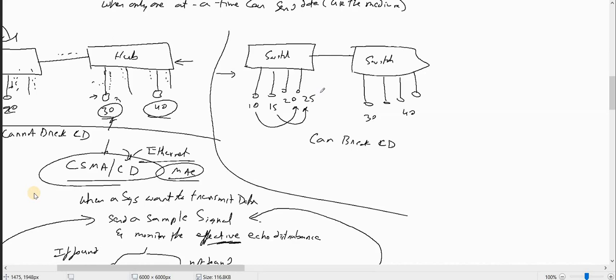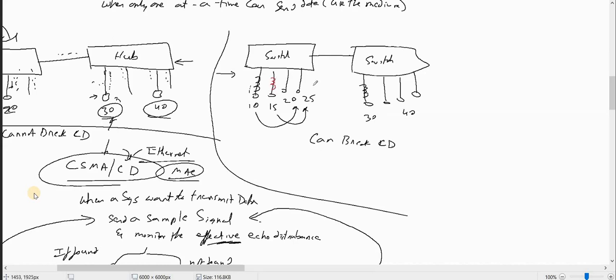I will give you 4 different scenarios and explain the reasons one by one. Okay. First, when 10 is transferring the data, at the very same time, can 30 send the data? Or maybe can 15 send the data? At the very same time, can 15 send the data?